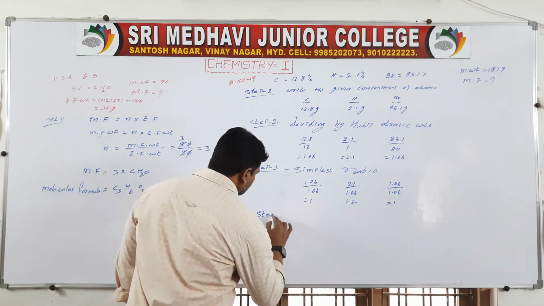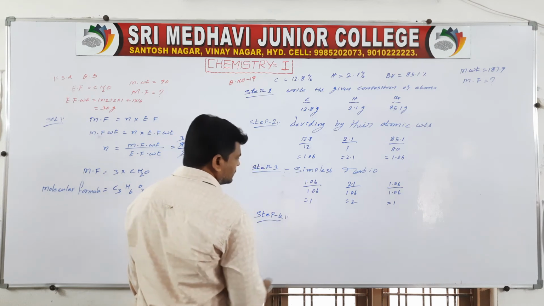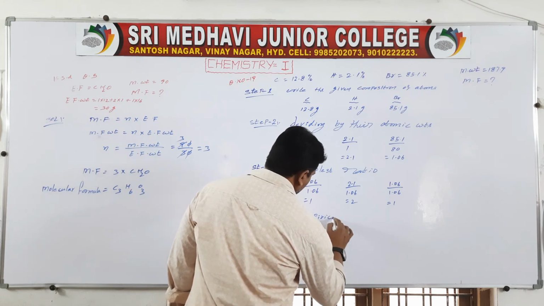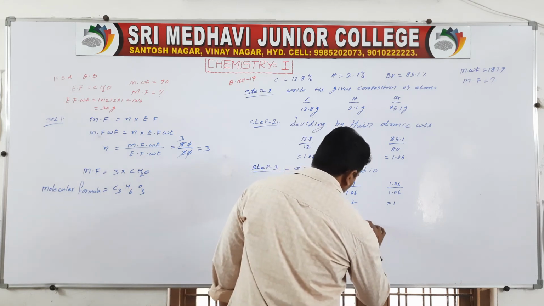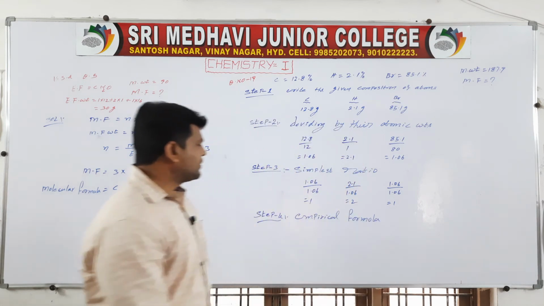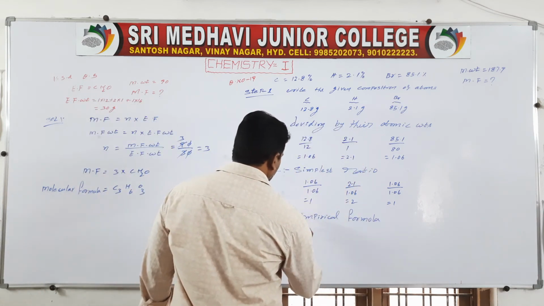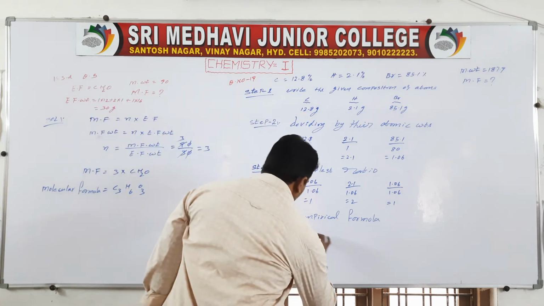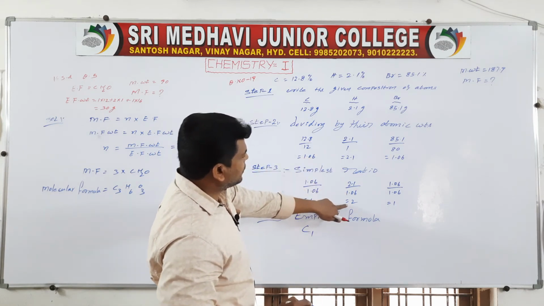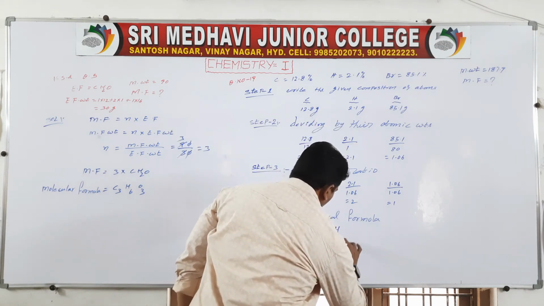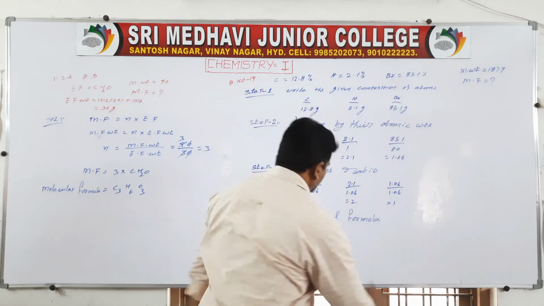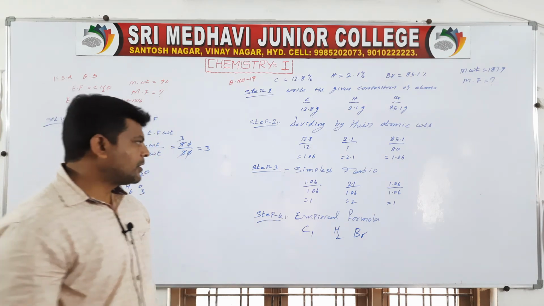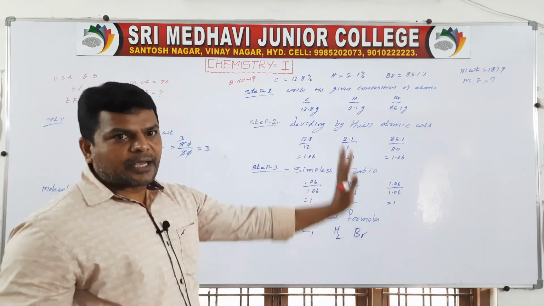Next, step 4, empirical formula. See here, E1 belongs to carbon, C1. E2 belongs to hydrogen, H2. 1 belongs to Br. It is the empirical formula.